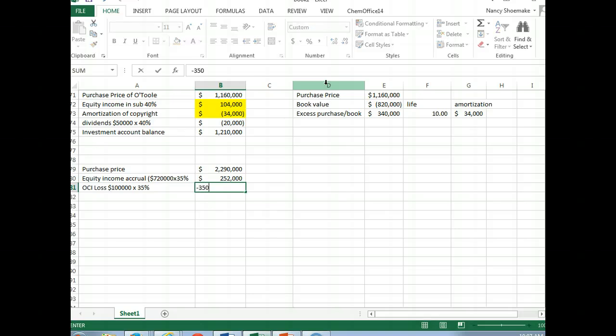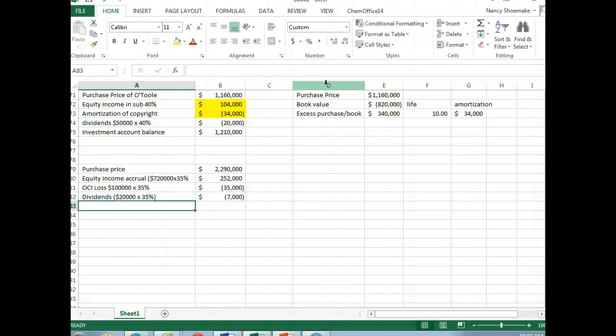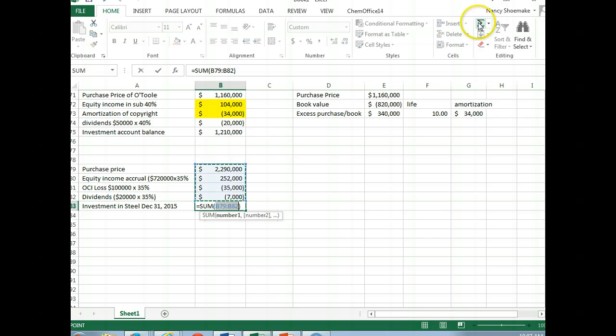Minus 35,000, and our dividends, they paid out 20,000 in dividends at 35%, or 7,000. So in our asset section of our balance sheet, we're going to show investment in Steel as of December 31st, 2015 to be $2,500,000.